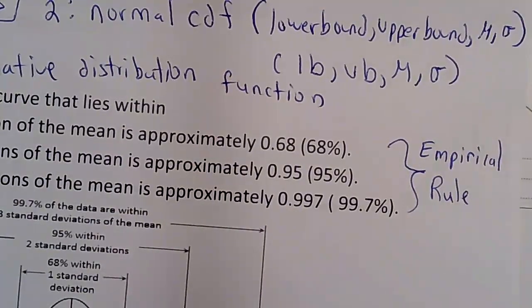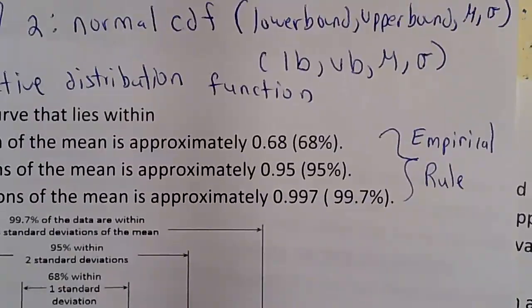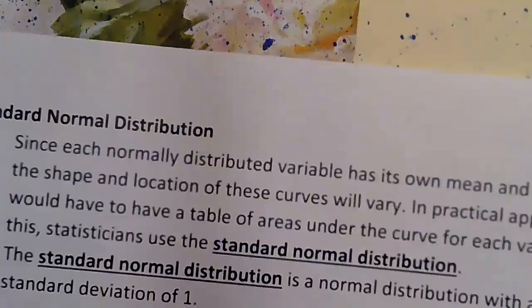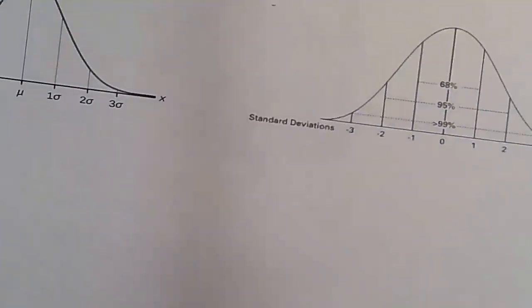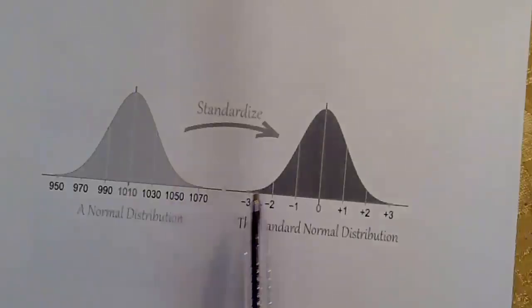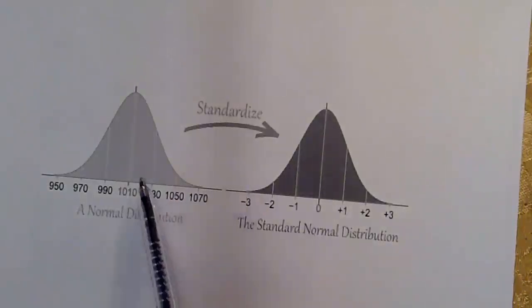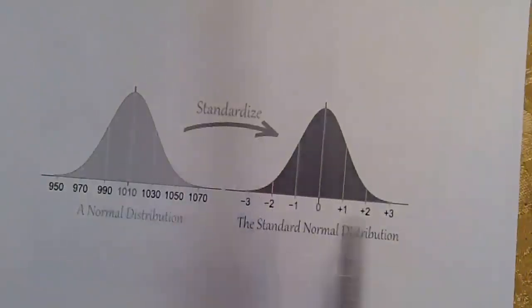It's on page 139. And then they're talking about how we're standardizing. Here's a normal distribution and the standard normal distribution. So we're going to standardize that.